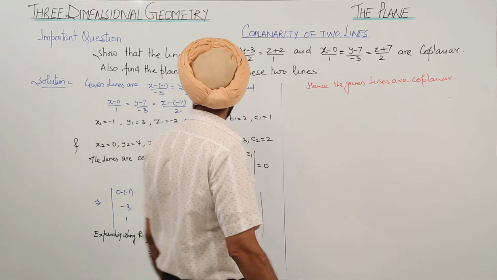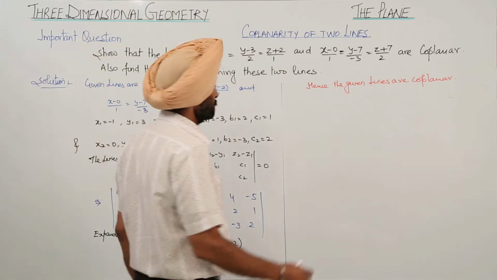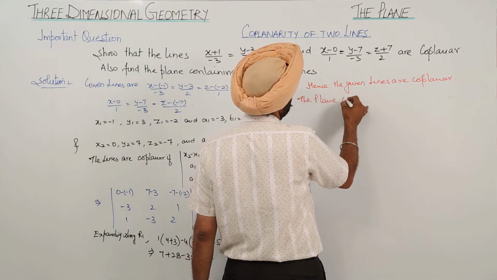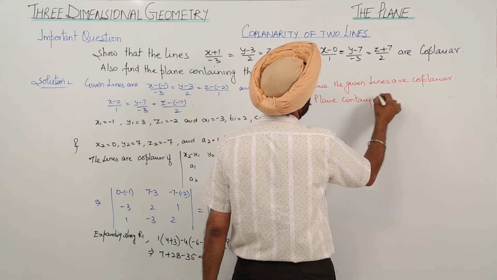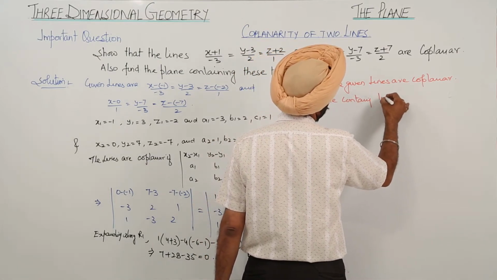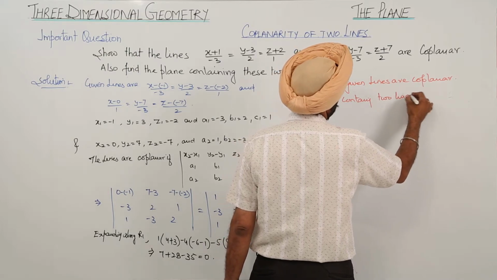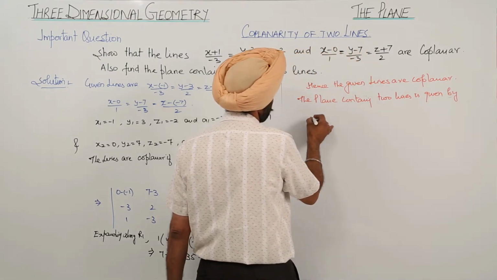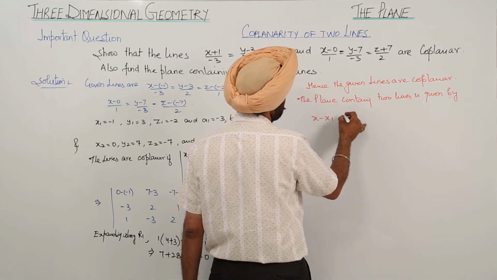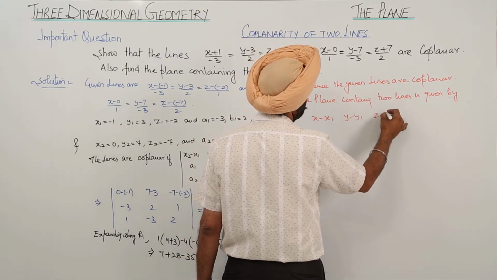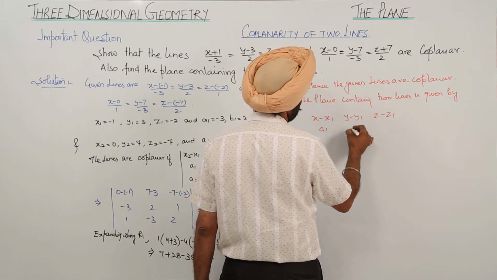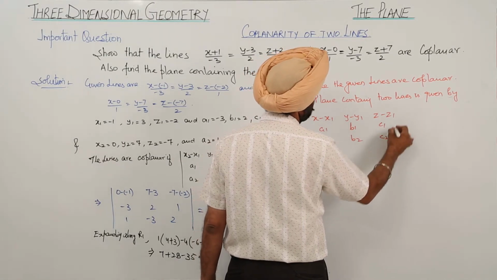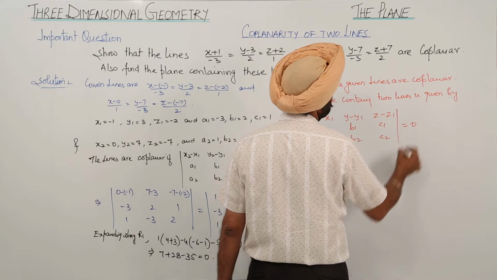One thing. Now we have to also find the plane containing these two lines. Now the plane containing the two lines is given by the determinant of x minus x1, y minus y1, z minus z1, a1 b1 c1, and a2 b2 c2, and this is equal to 0.